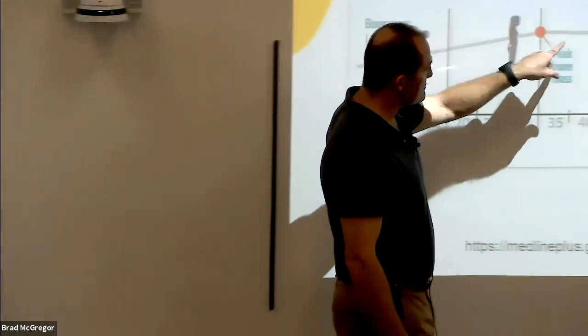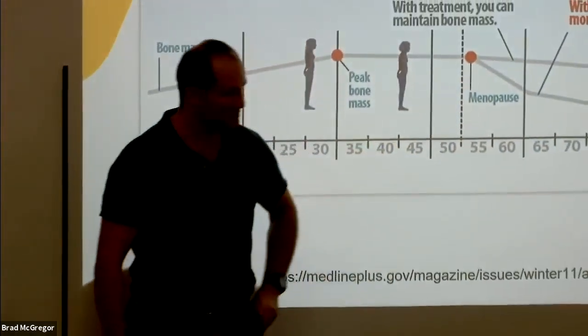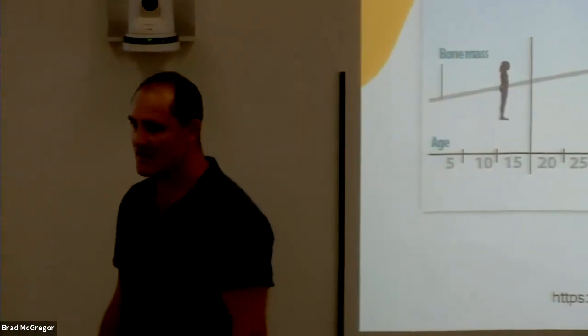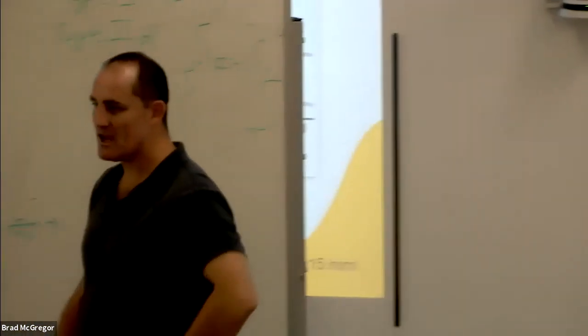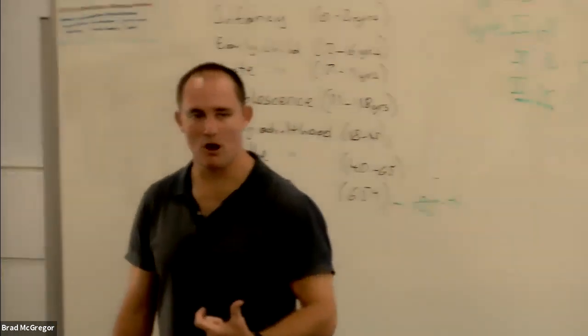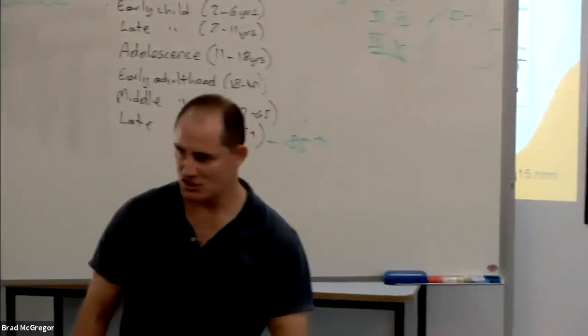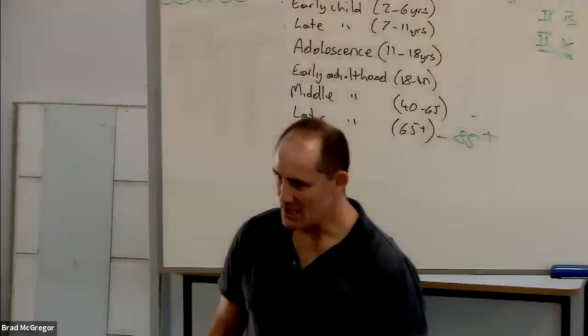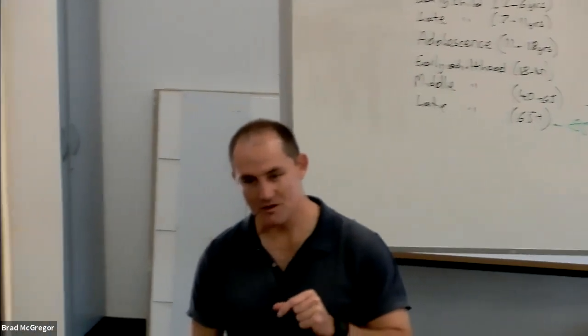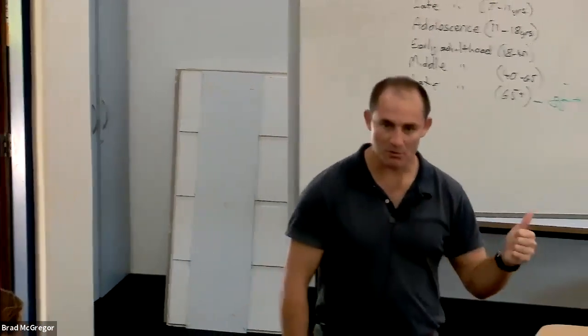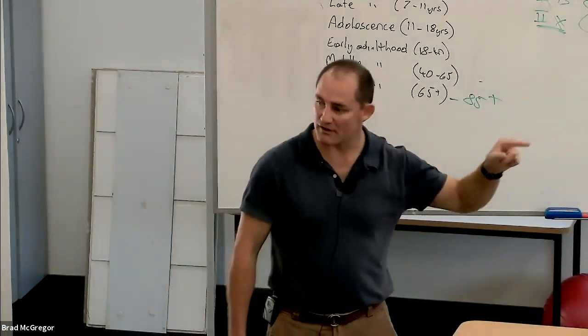And then you can see this steady decline. And look at what happens at menopause. Can you see that sudden drop? Because estrogen plays a really important role in keeping these little cells called osteoclasts in check. Okay? If you're choosing to do osteoporosis for your assignment, this will be really important and you'll go to that reference.